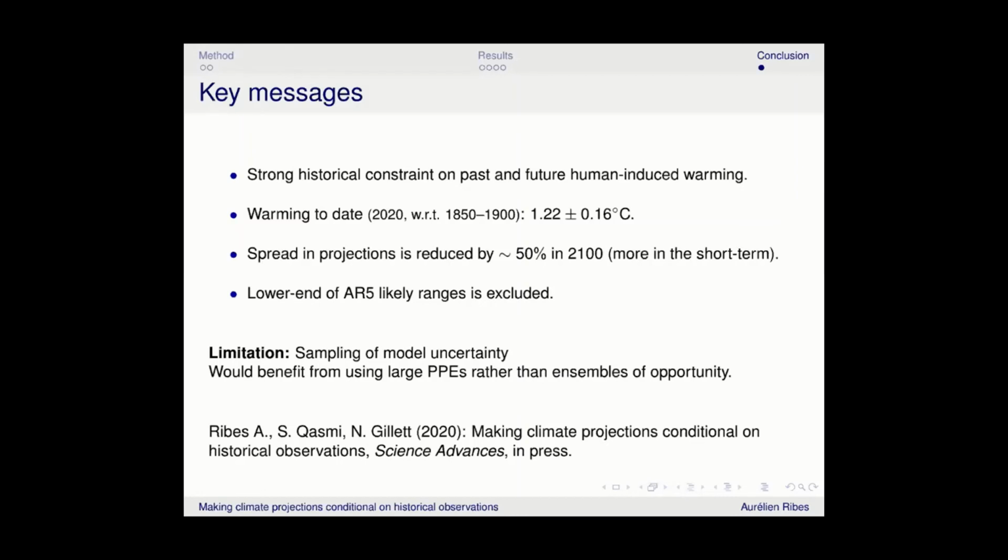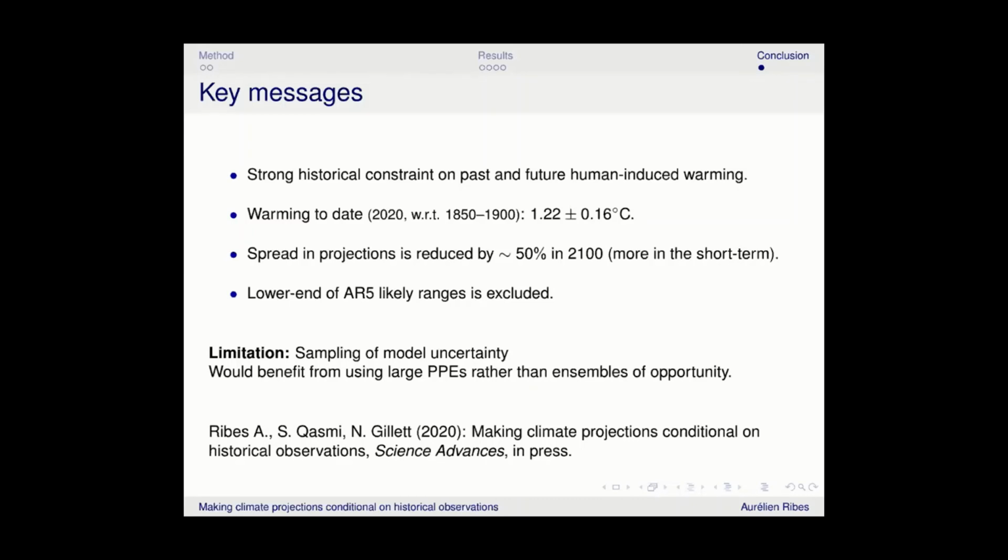It's not a lot, and I think this would benefit from using large PPEs. Probably multimodel PPEs would be the best way to sample uncertainty more comprehensively, at least better than an ensemble of opportunity.